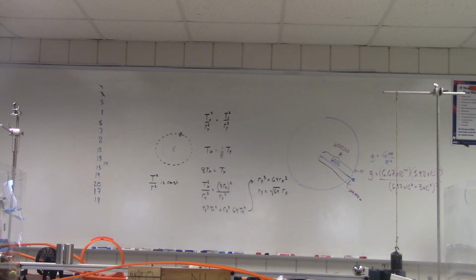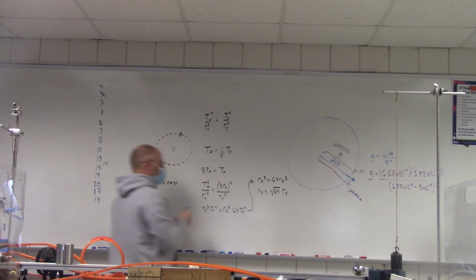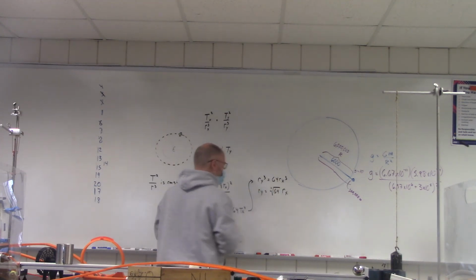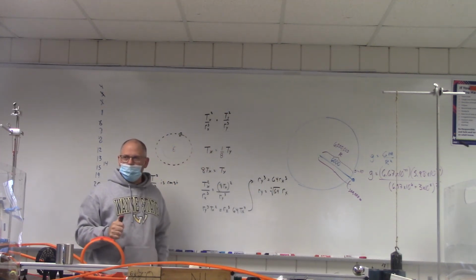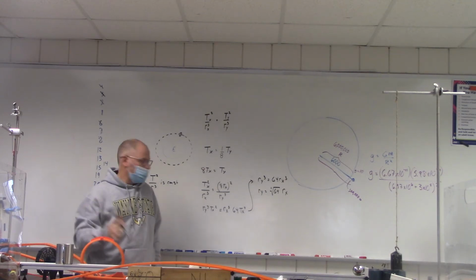Wait, you mean cube root? Oh, I did mean cube root. And what's the cube root of 64? It's 4.